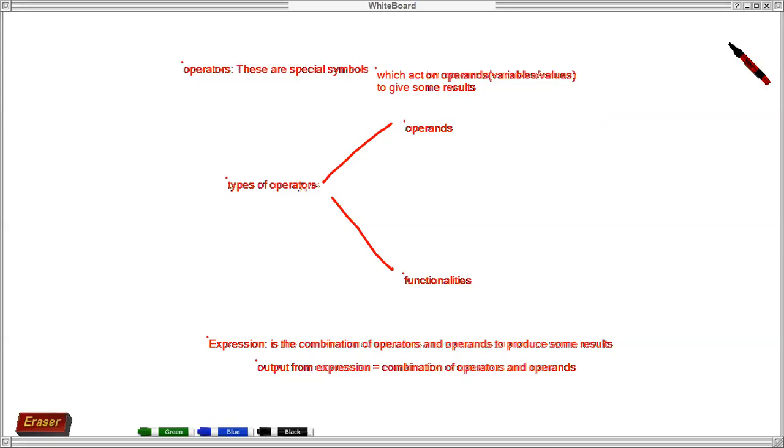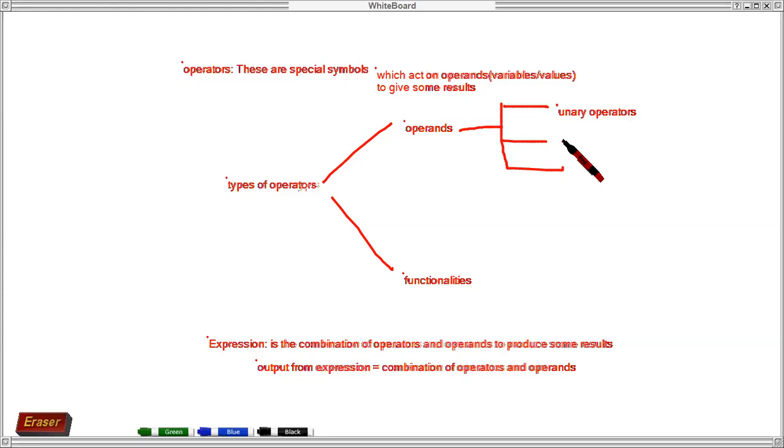Now, as I said, our operators are basically divided into two halves: one is the operands and one is the functionalities. The operand-based division can be further divided into three subcategories. Number one is unary operators.